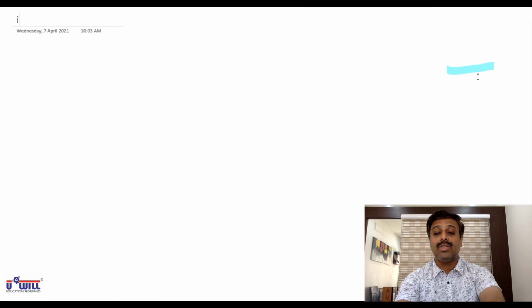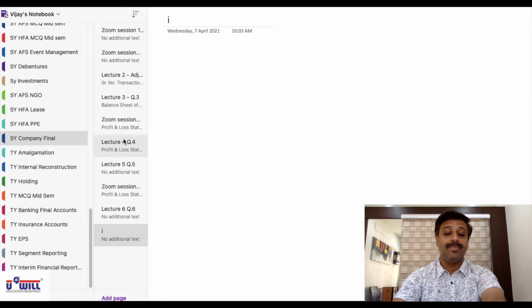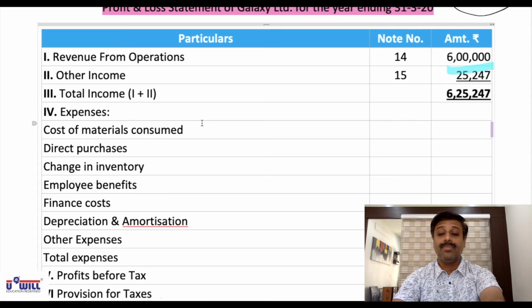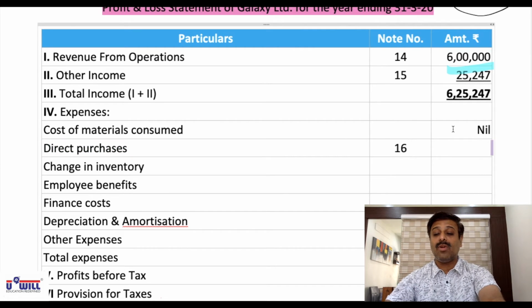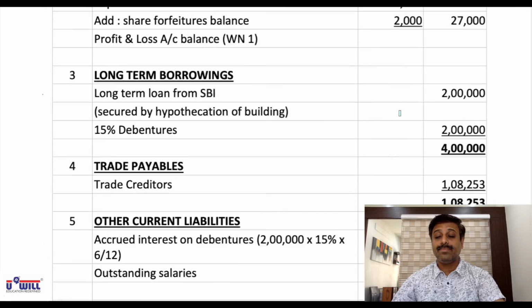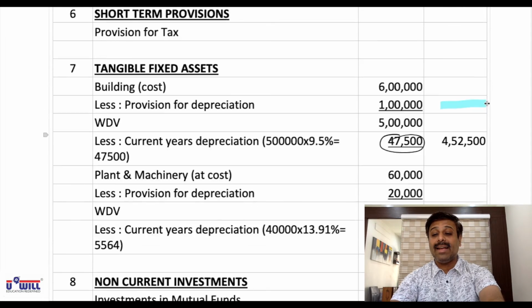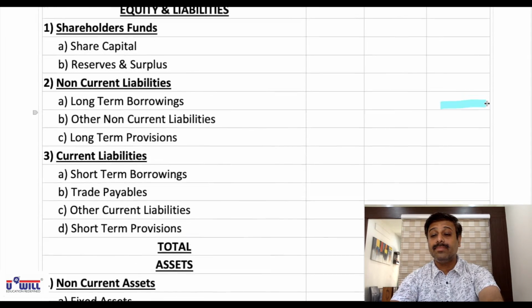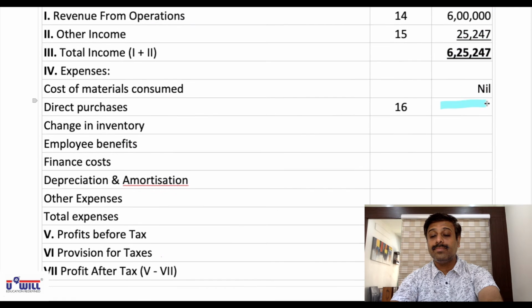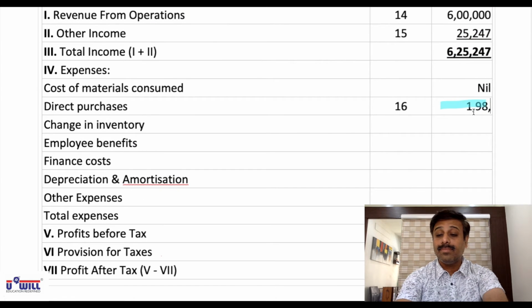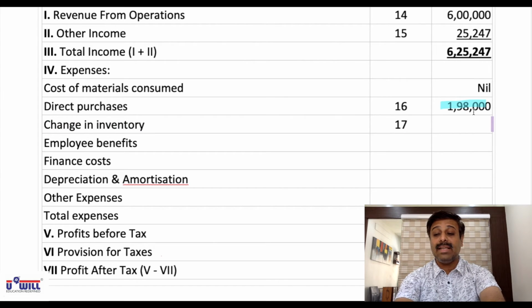Cost of materials consumed we don't have, so nil. Direct purchases we have from note number 16, that is 1,98,000. Then change in inventories, we have note number 17 as nil.